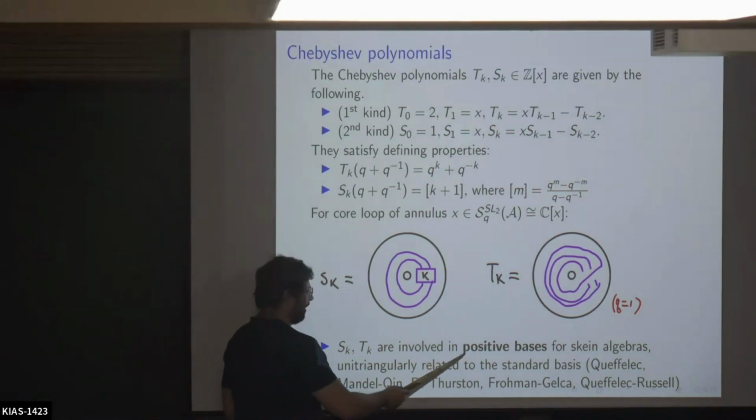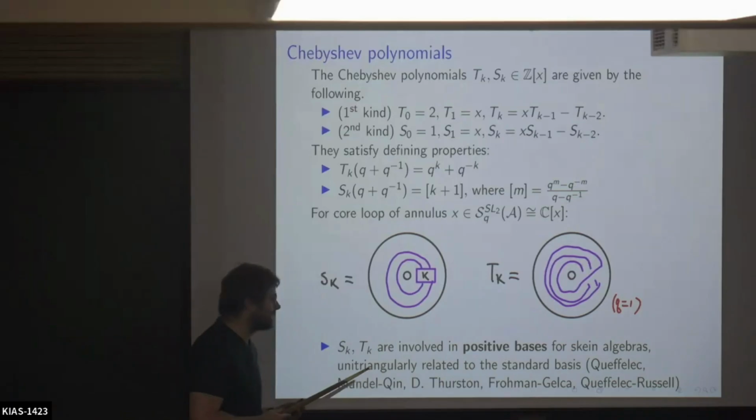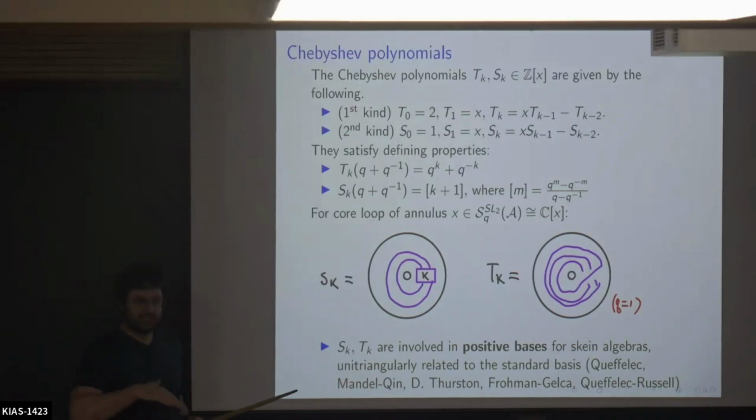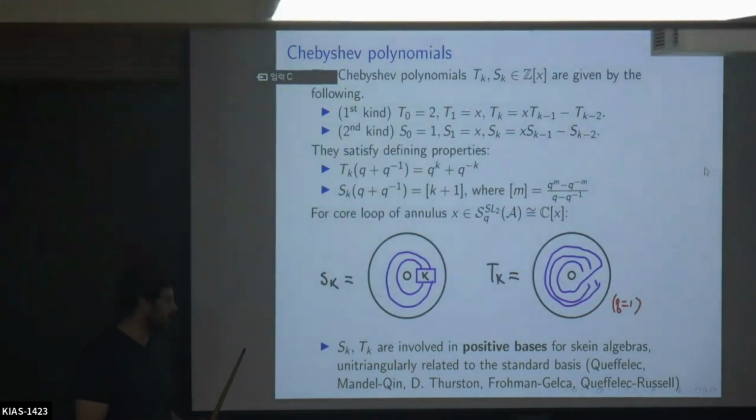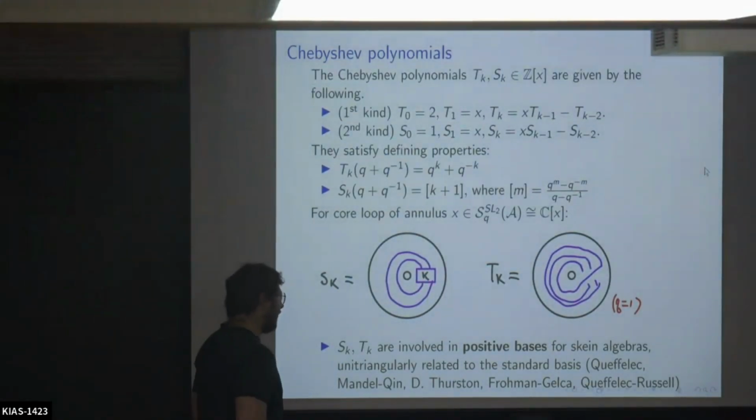They show up in the search for positive bases for Skein algebras. We have this standard basis that has the simplest diagrams, but it turns out that the standard basis isn't positive. A positive basis is one where, if you multiply two elements of the basis and expand, you get a linear combination of basis elements, and if that linear combination is always positive, then you call it a positive basis for the algebra.